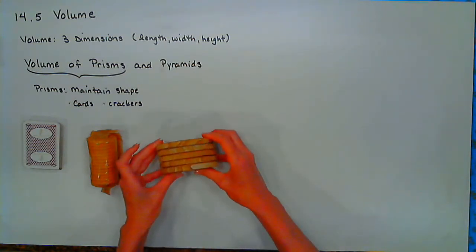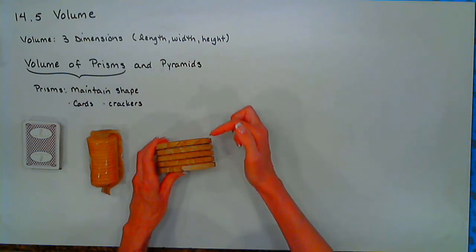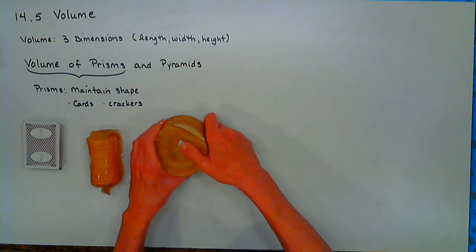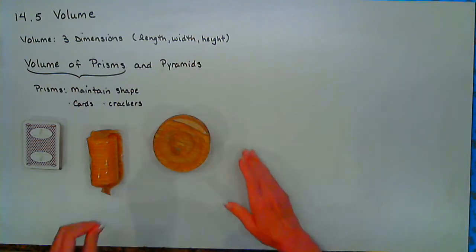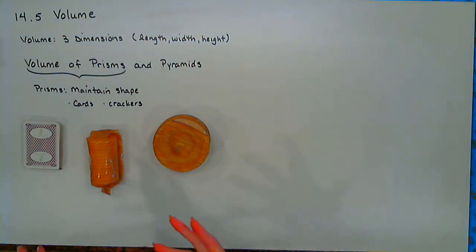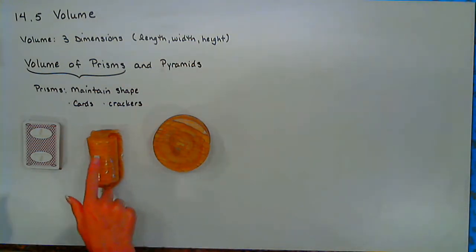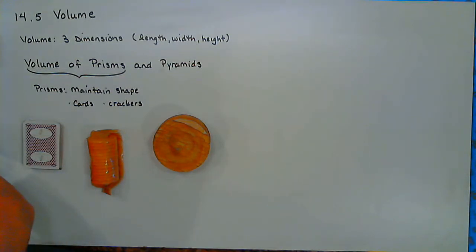But when you turn it over, you'll see that you have this stack of circles however high that you're going. I would have grabbed the loaf of bread, but my son had several sandwiches at lunch. But you get the idea. A loaf of bread has the exact same shape throughout. And I didn't want to open the crackers and get crumbs everywhere.